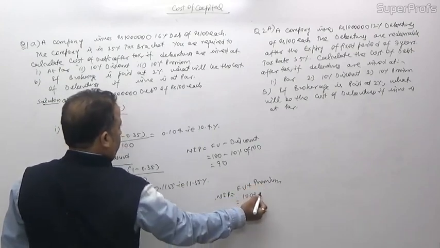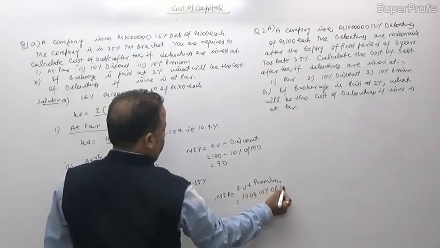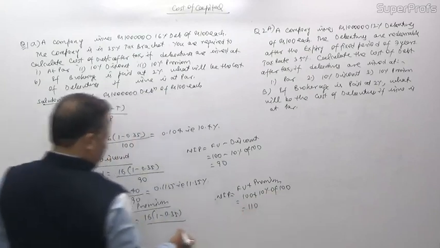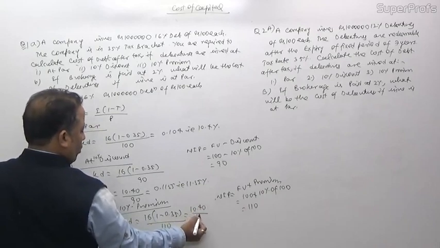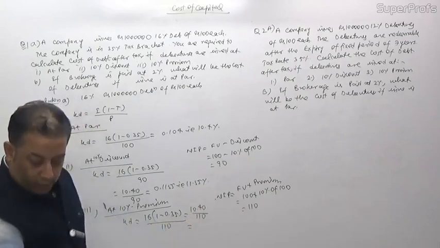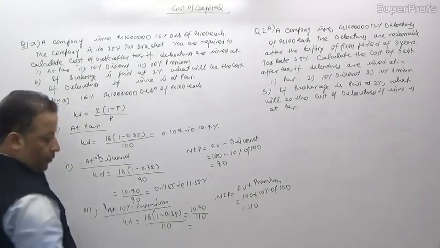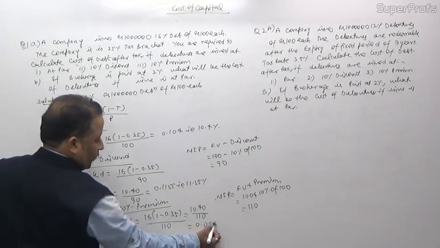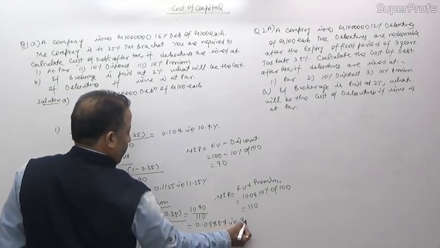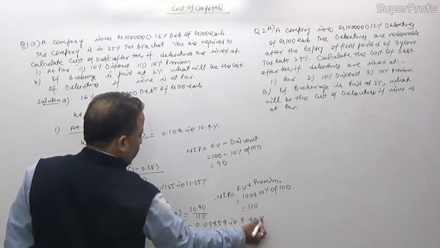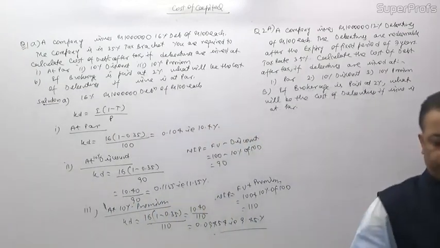The face value is 100, the premium is 10% of 100, so the net proceeds are 110. 10.40 divided by 110 is 0.09454, that is 9.45% approximately. So please note down this portion of the question.